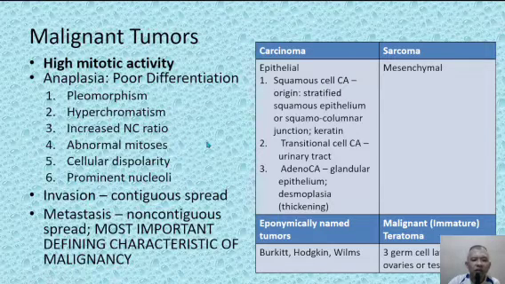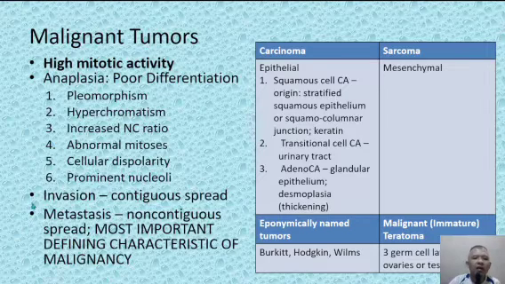You have mitosis. You have cellular dyspolarity, that means the nuclei of the cells are not situated in one direction. You have prominent nucleoli. All of these show that malignant tumors have high mitotic activity.